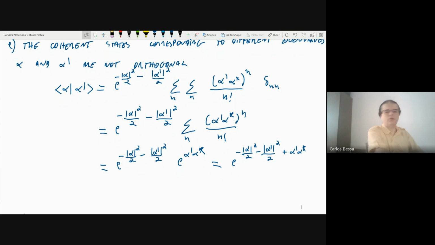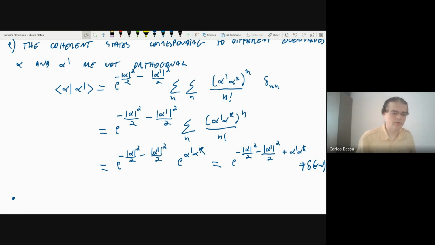Okay, so I think today, as I told you, would be shorter. These are the main things. This is different from a delta. This is not a delta.